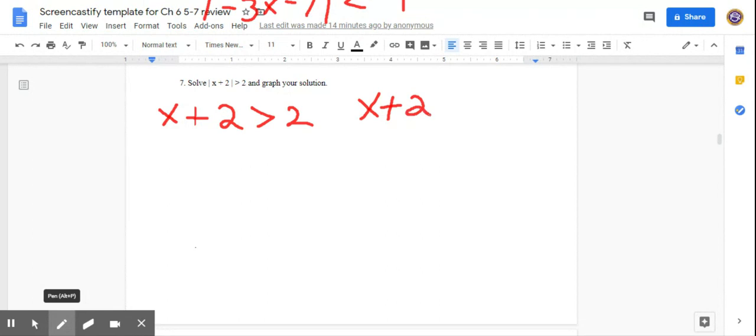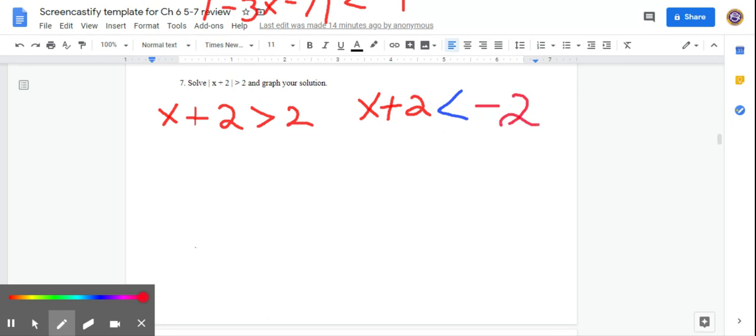Flip the sign. Let's get a different color here. Flip the sign and take the opposite of the following number. Okay? Now we have to solve.